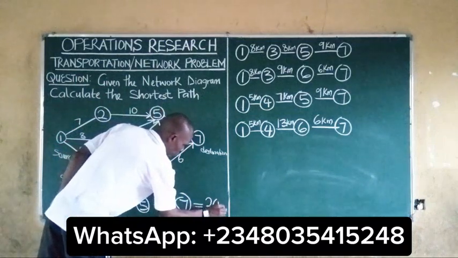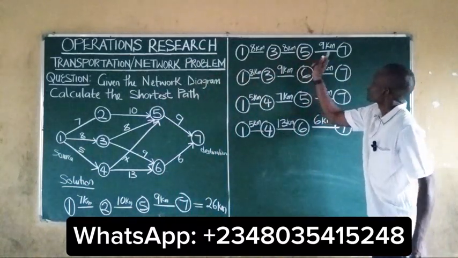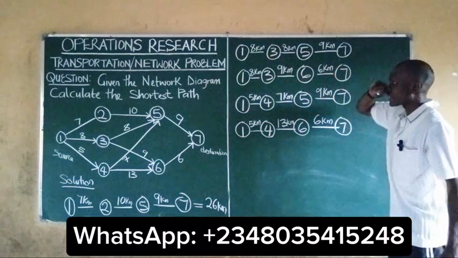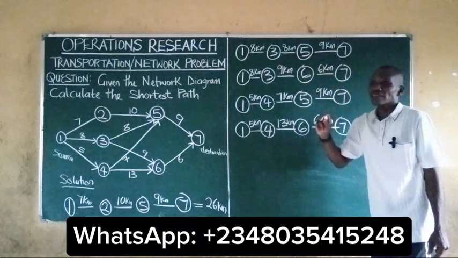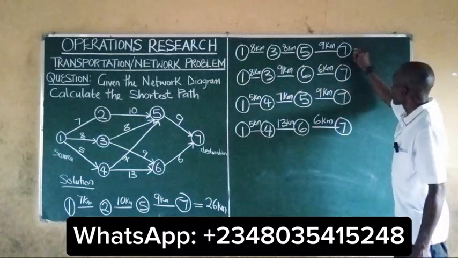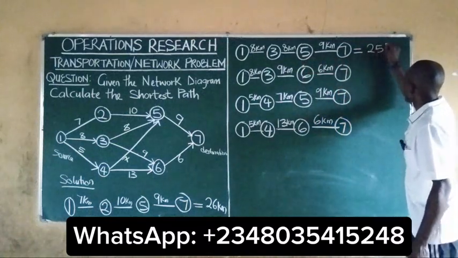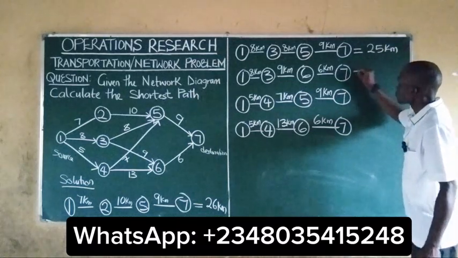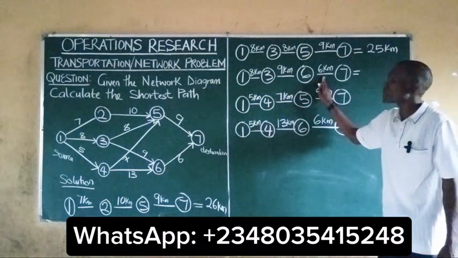Also, we have here 8 plus 8 is 16. 16 plus 9 is 25 kilometers. Also, we have here 9 plus 6 is 15 kilometers.